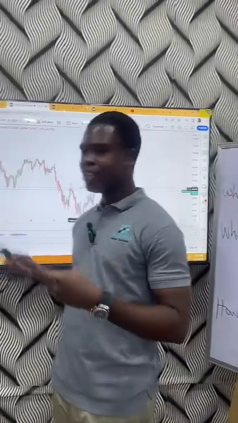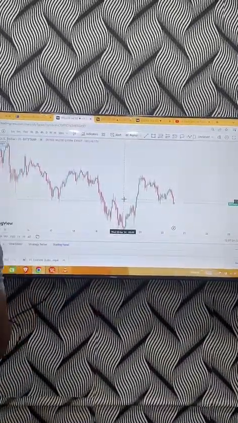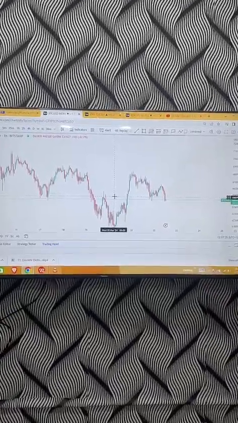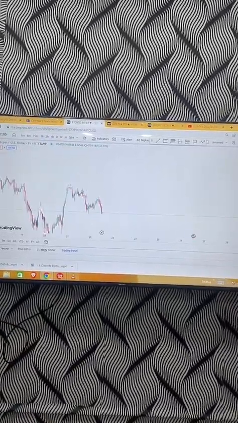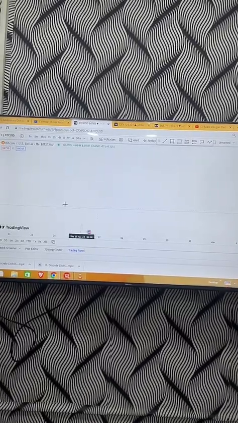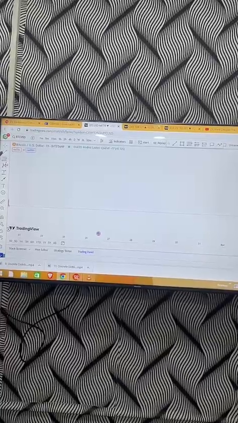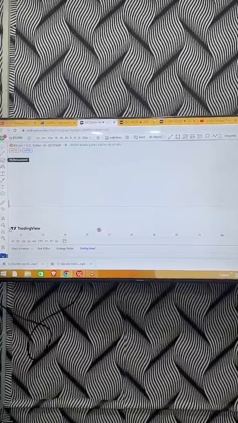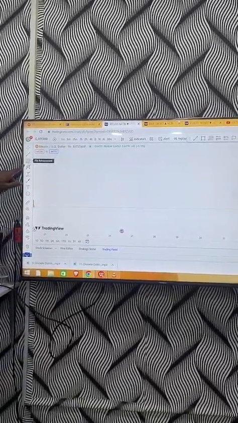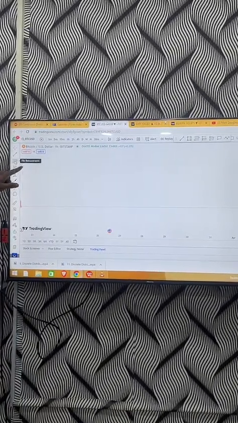Let's now go to the chart to see what the thing is. Now, without the chart, this is what the Fibonacci tool is. You go to your toolbar here. These lines, which consist of horizontal lines, that's what the Fibonacci tool is. You can see Fibonacci retracement.